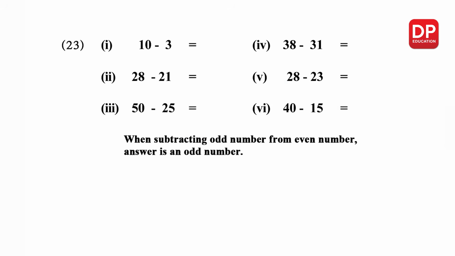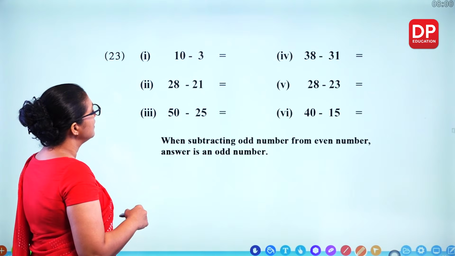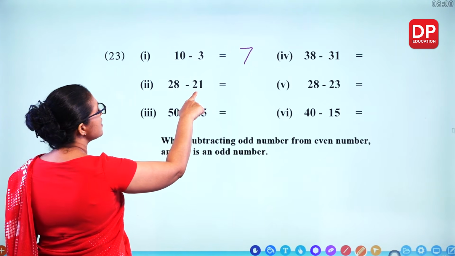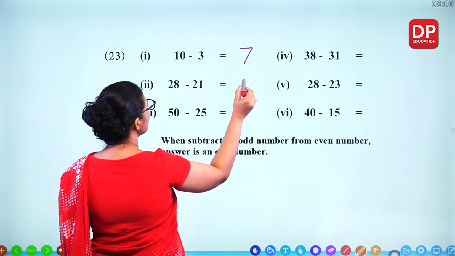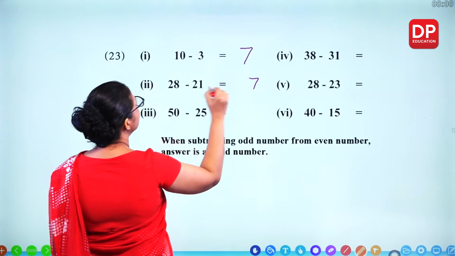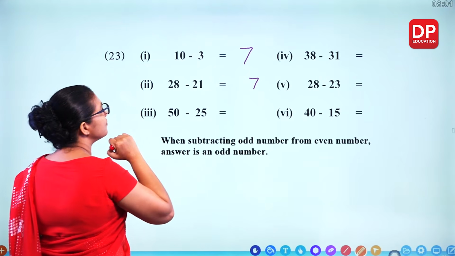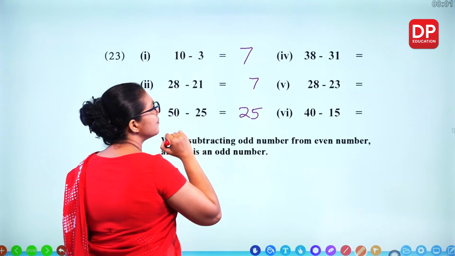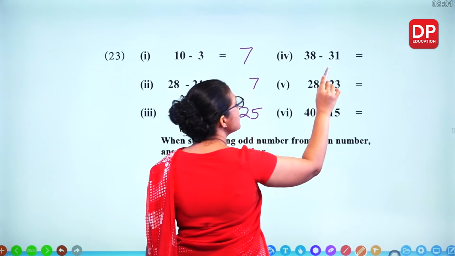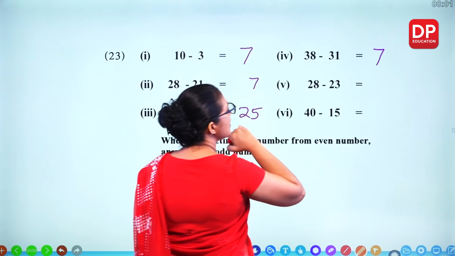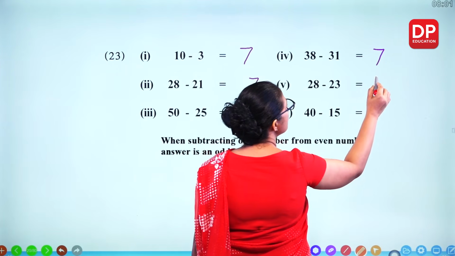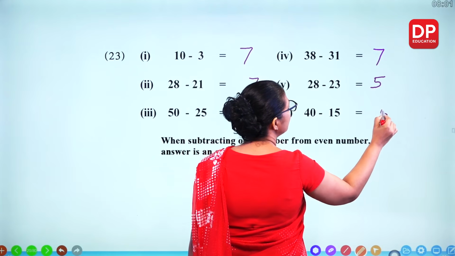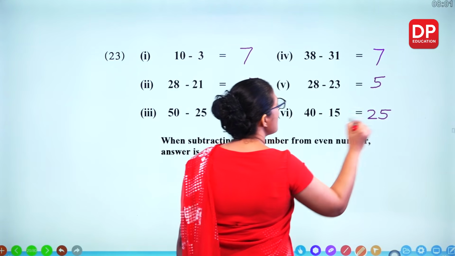Look at this one. 10 minus 3, you get 7. 28 minus 21, what you get? 7. 50 minus 25, 25. 38 minus 31, get 7. 28 minus 23, that's 5. 40 minus 15, 25.